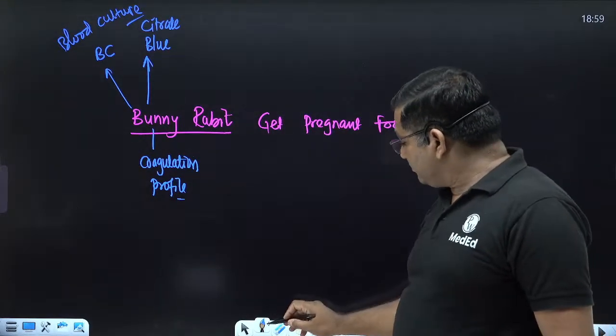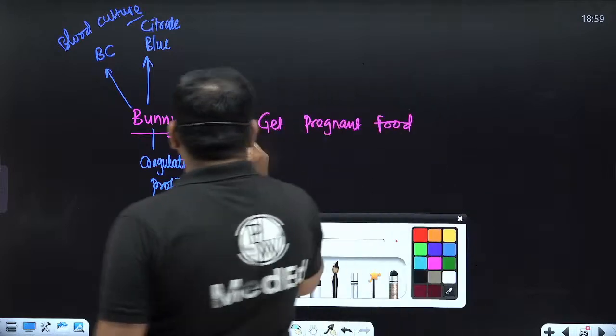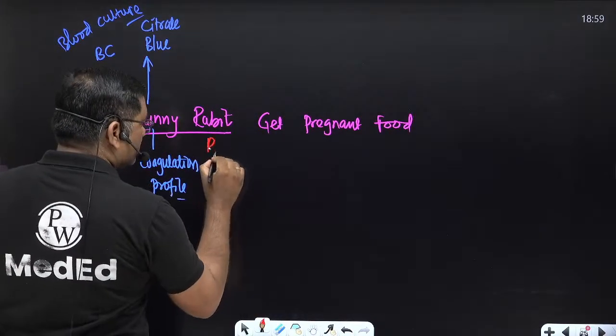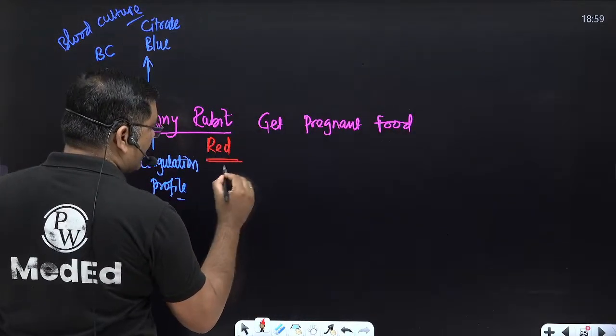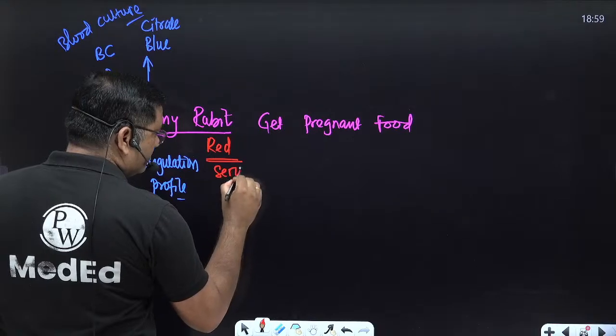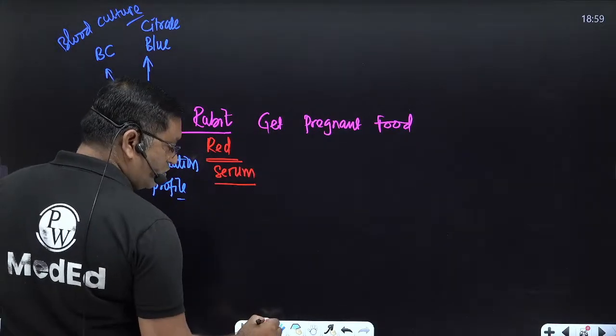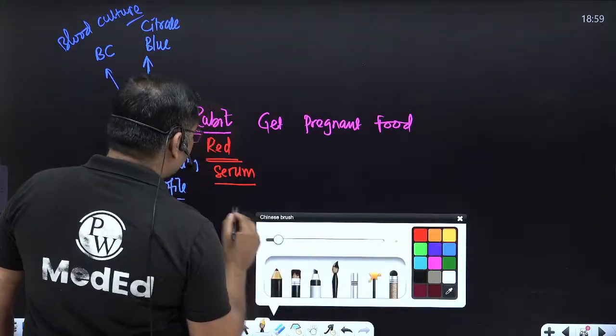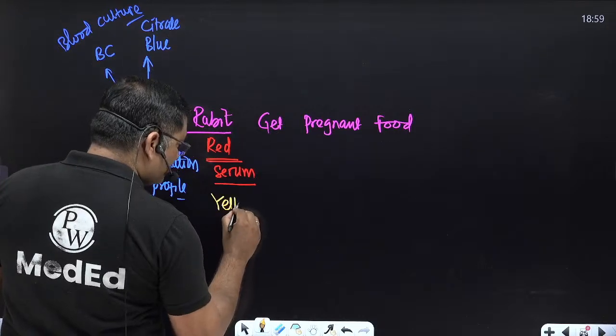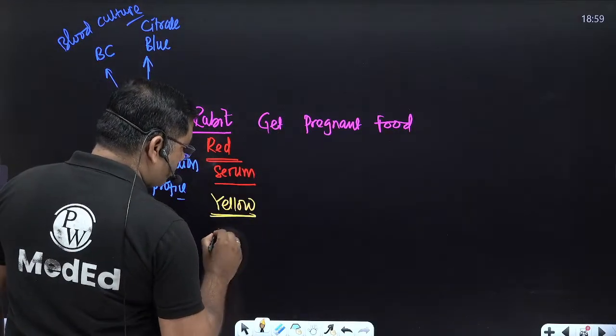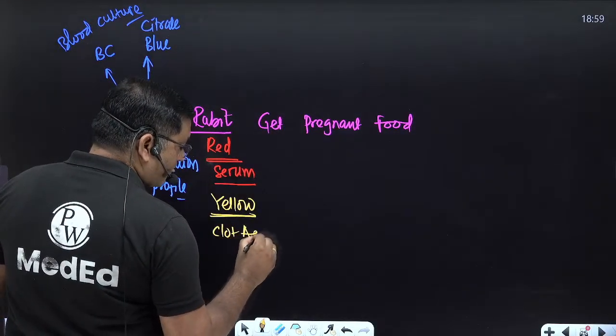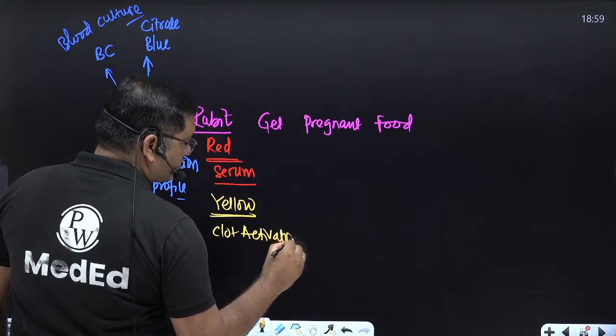Then red for the serum biochemistry analysis. Also yellow with clot activator, yellow or golden color, for the serum analysis.